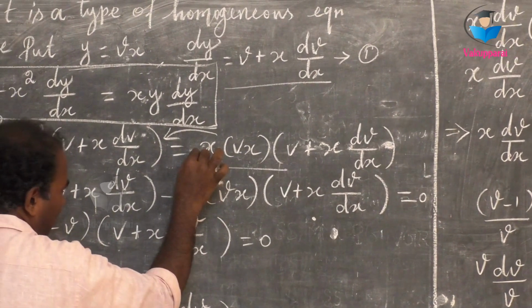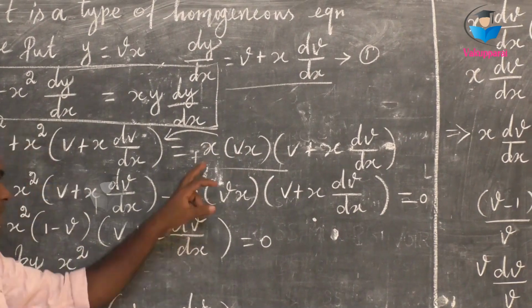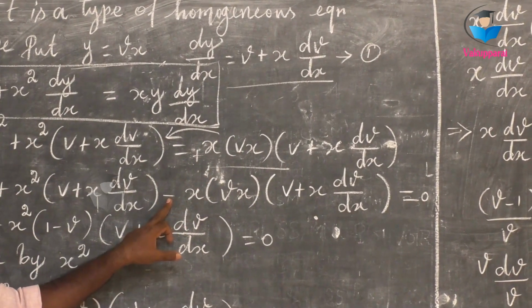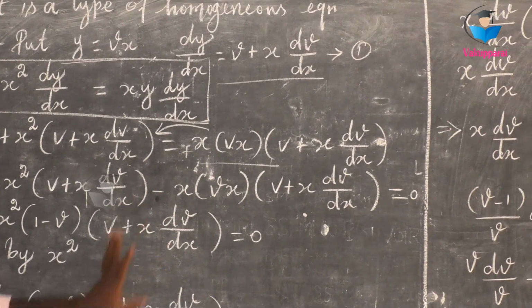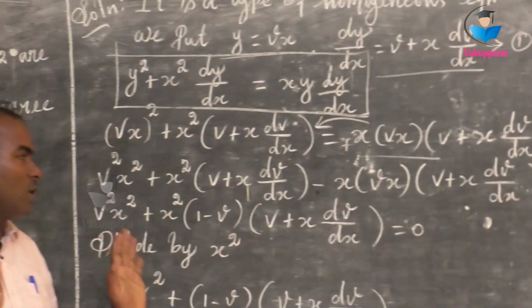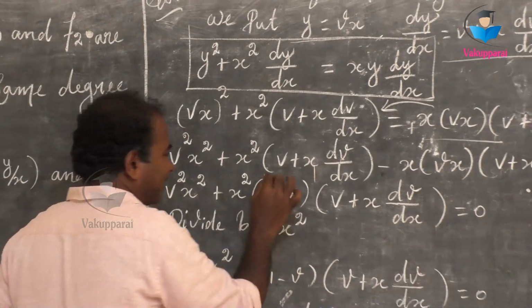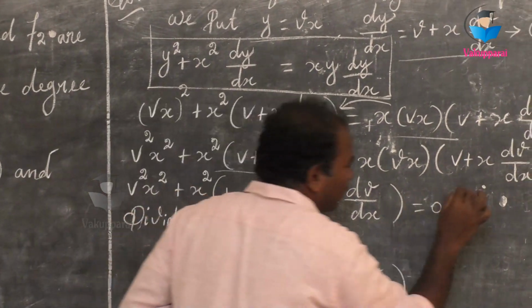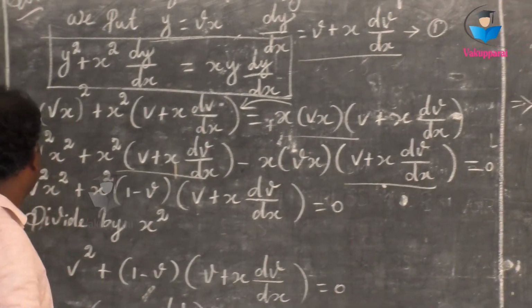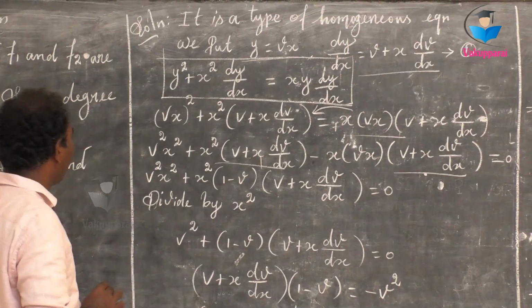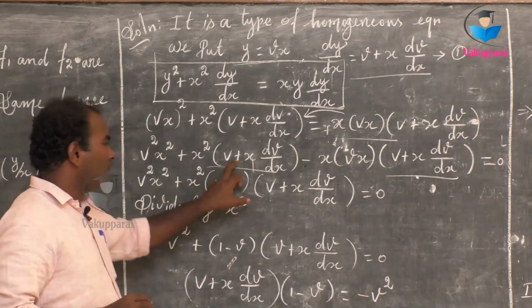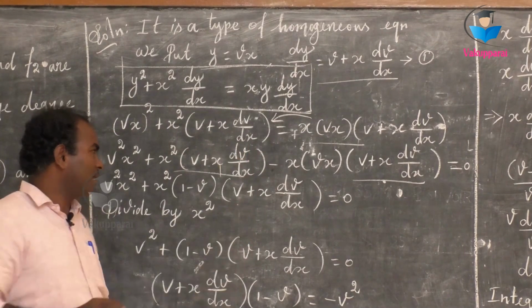If it is a plus, when it comes here, it will change into minus. Next, we observe the common term. This is common here, and this term is also common here.